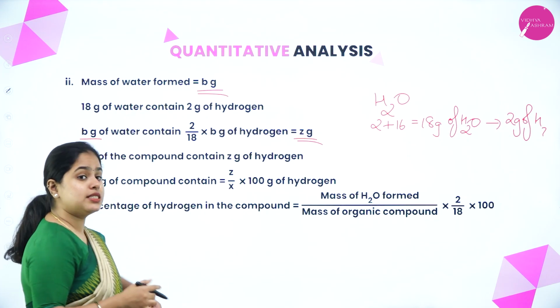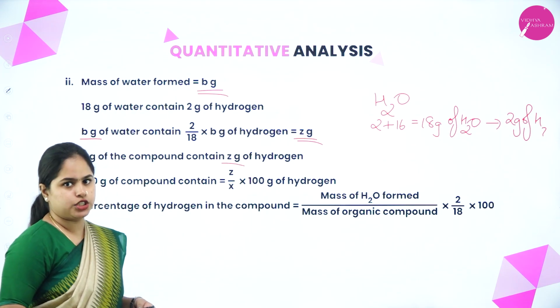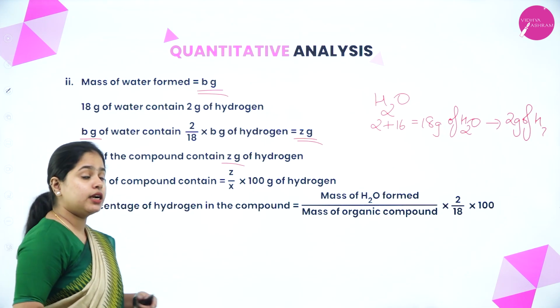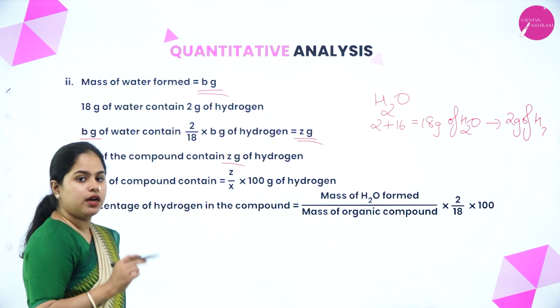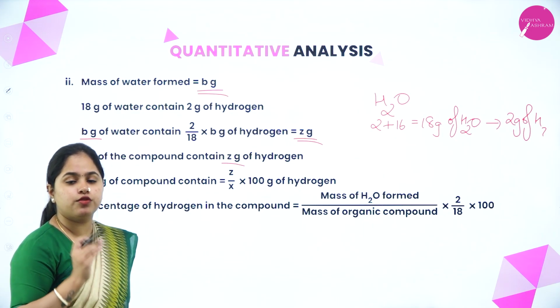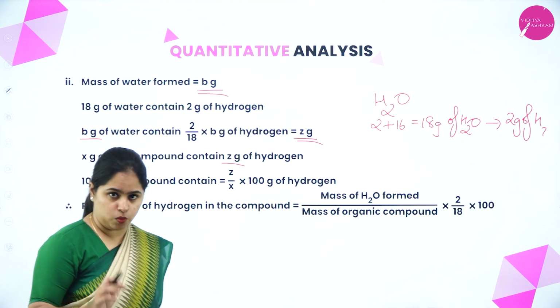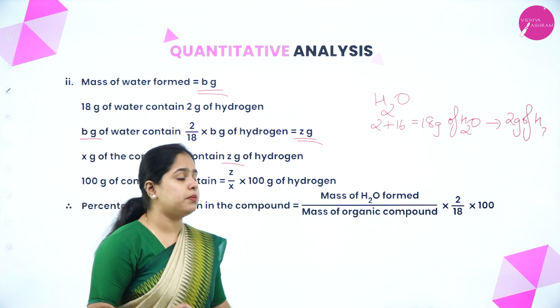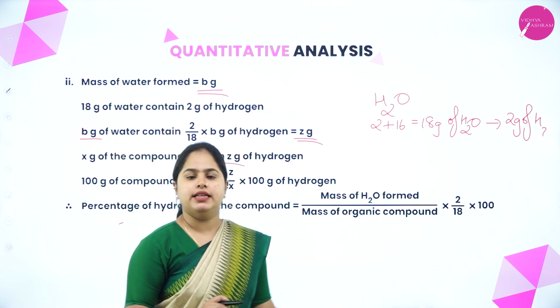Right, so that means X gram of your compound will contain Z gram of hydrogen, right? So then 100 gram of compound will contain Z by X into 100 gram of hydrogen, right? So what is the final equation for percentage of hydrogen in the compound? It is mass of the water which is formed divided by mass of organic compound into 2 by 18 into 100.